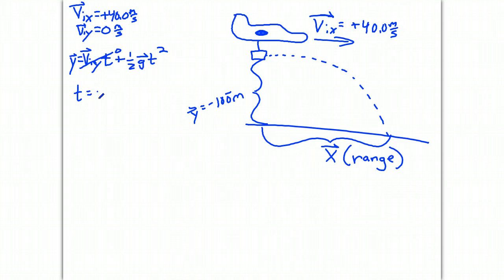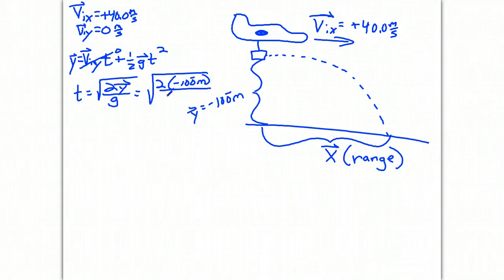If I solve for the time, that would be equal to the square root of 2y divided by g, which would be equal to the square root of 2 times negative 100 divided by negative 9.80 meters per second squared. Okay, when you do the calculation, you should get an answer of 4.52 seconds. And that's important, so I'm going to just circle it.